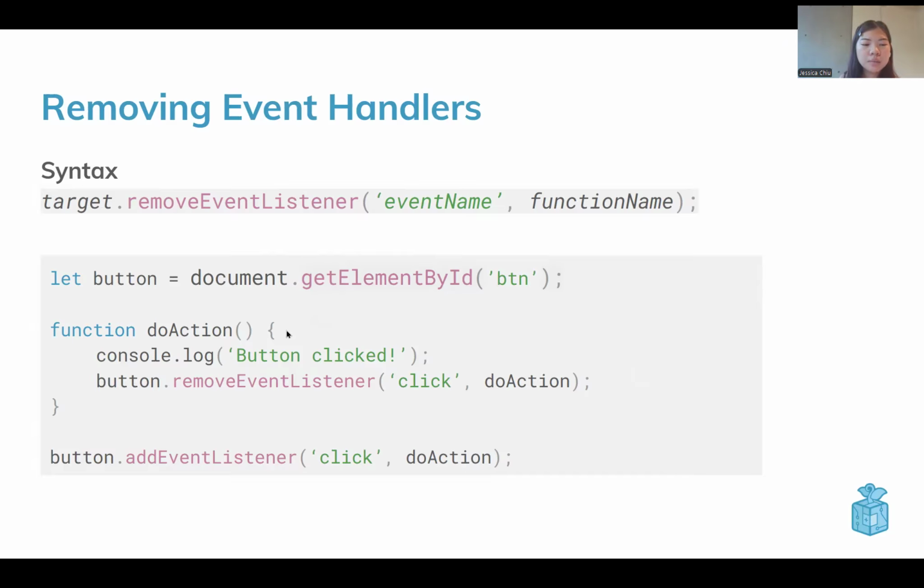So if you look here, when we call doAction, it calls button.removeEventListener, and then it removes the event. So let's say you click the button, it console.logs "button clicked". After that first initial click, once you click it again, nothing will happen because we removed the event listener from it. So the button only works once.